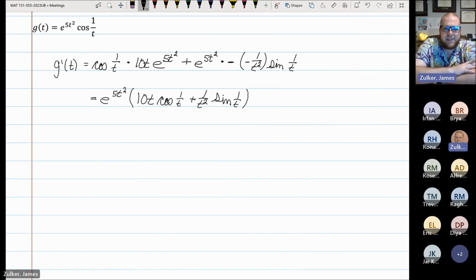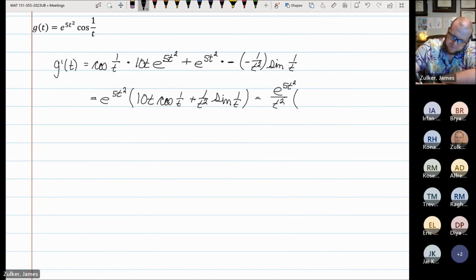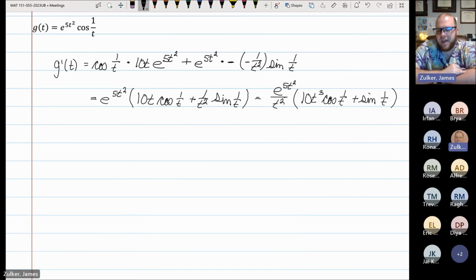Left with 10t cosine 1 over t plus 1 over t squared sine 1 over t. Right? Or if you wanted to factor out the 1 over t squared as well, right? You would then have 10t cubed cosine of 1 over t plus sine of 1 over t.